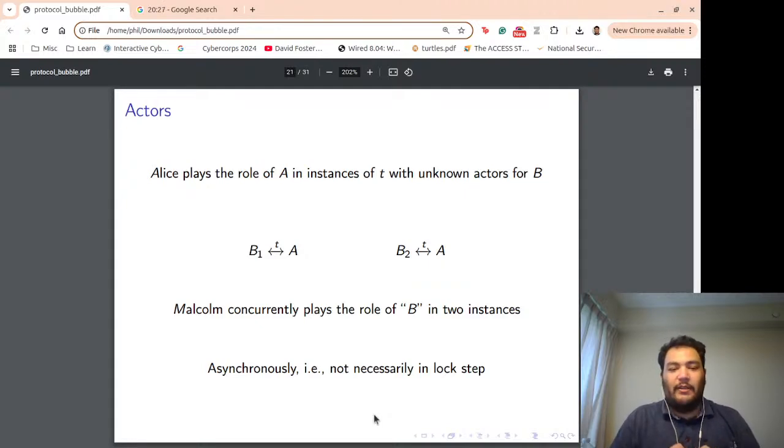Well, Bob can just use two different email addresses and covertly interact with Alice in these two different sessions. Or if it's tied to something else, maybe Alice has some reason to think that she is really, truly, uniquely identifying B, but Malcolm finds some way to subvert that.